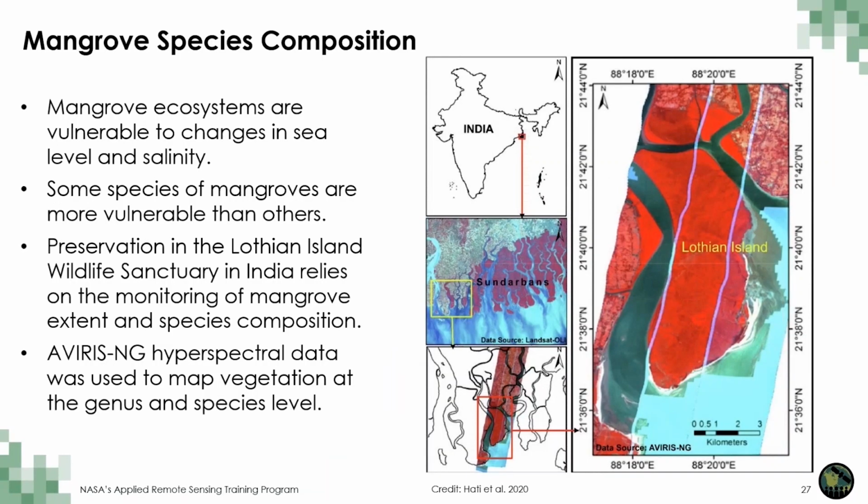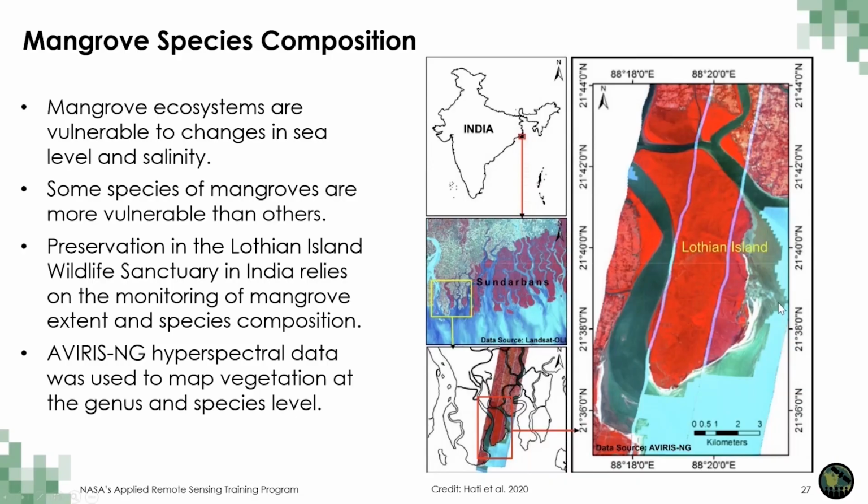But anyway, mangrove ecosystems, as we know, protect the coastlines from erosion and increase the water quality surrounding them. Continuous monitoring of mangroves is necessary to assess the impacts of sea level rise, for instance, and increasing salinity. Each species of the mangrove forest, in this case in the Lothian Island, has a different threshold for these environmental parameters.